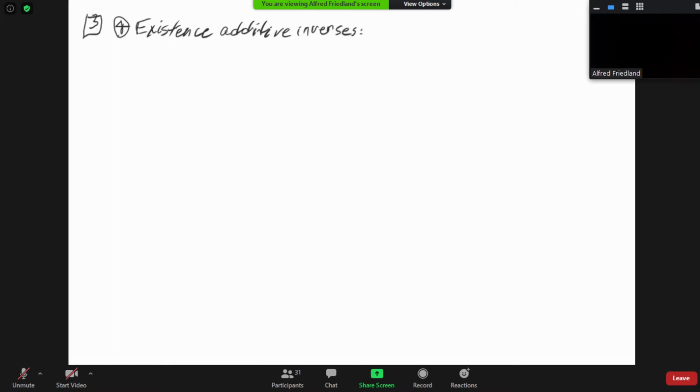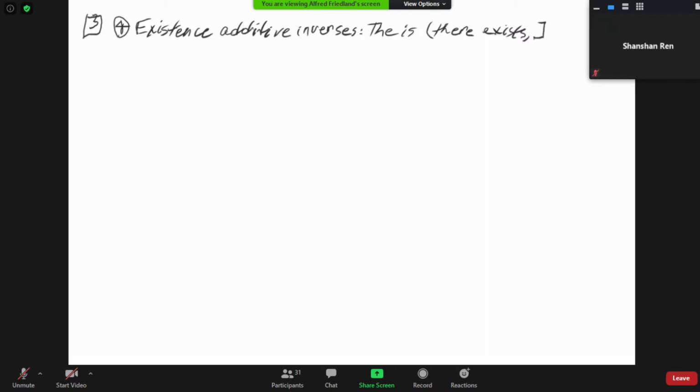There is, or there exists, and the symbol for that, as many of you know, is a backwards capital E. Backwards capital E means there exists or there is, or for some number, there exists some number.